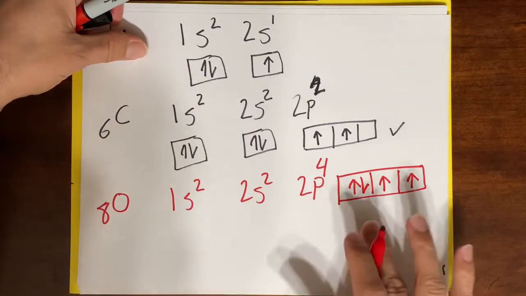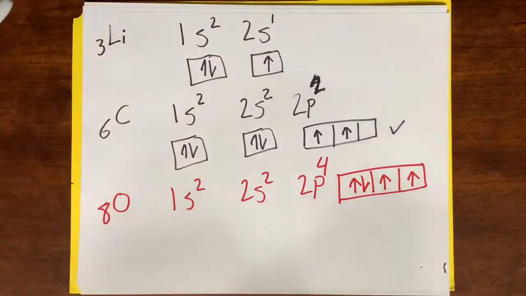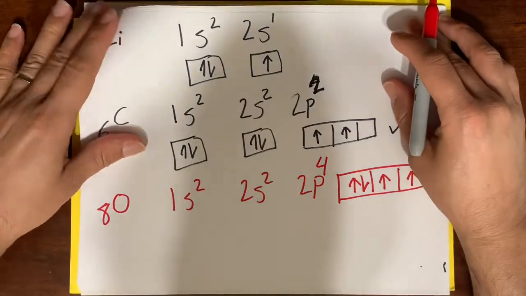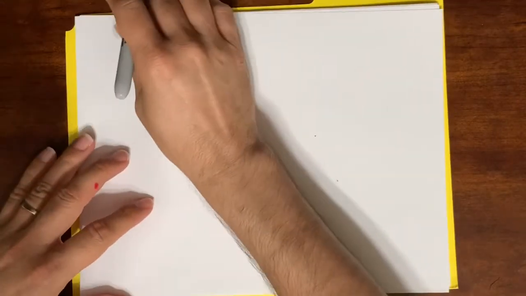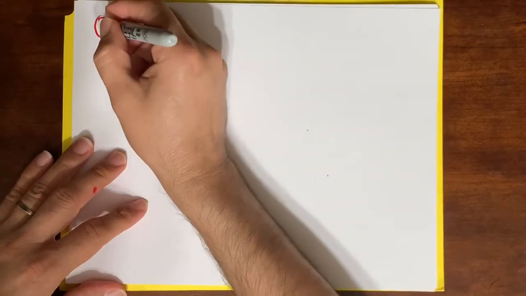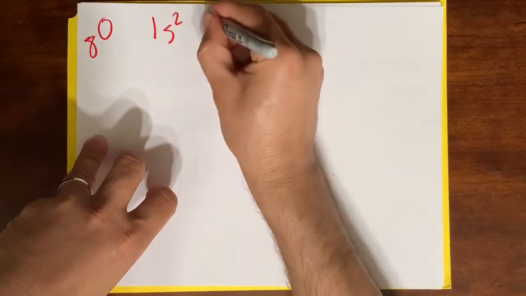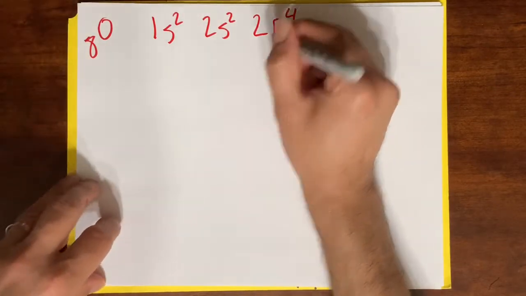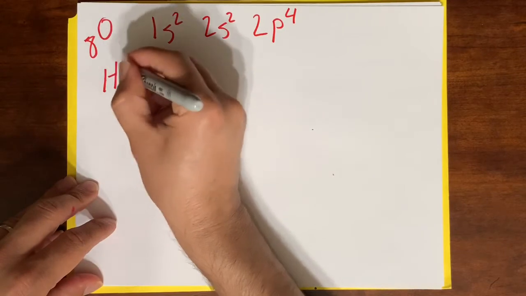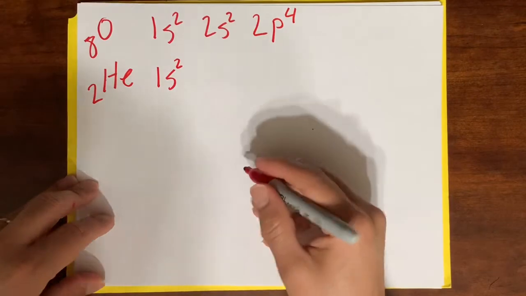I have to pair it. Okay, and I have 2 electrons here, 2 there, and 4 inside the p orbital. So for oxygen, we have 8 electrons. We go with 1s2, 2s2, 2p4. For helium, it's 1s2.